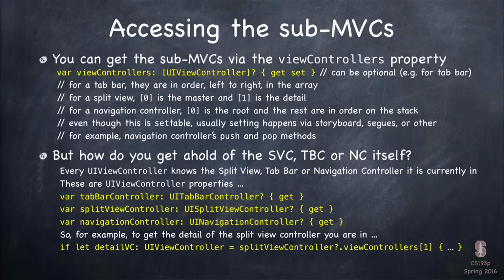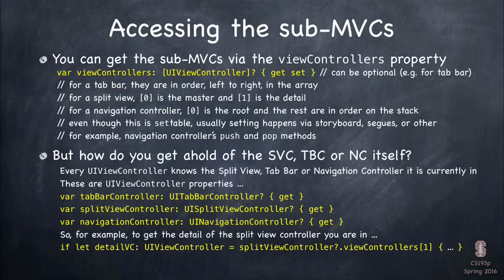So that's great, but if I'm inside a split view controller, how do I get the split view controller I'm in so that I can access this property? And the answer is UIViewController has these 3 very important properties. Tab bar controller, split view controller, navigation controller, they're all optionals. They will tell you the split view controller you are in if you're in one. If you're not, it'll be nil. Okay?